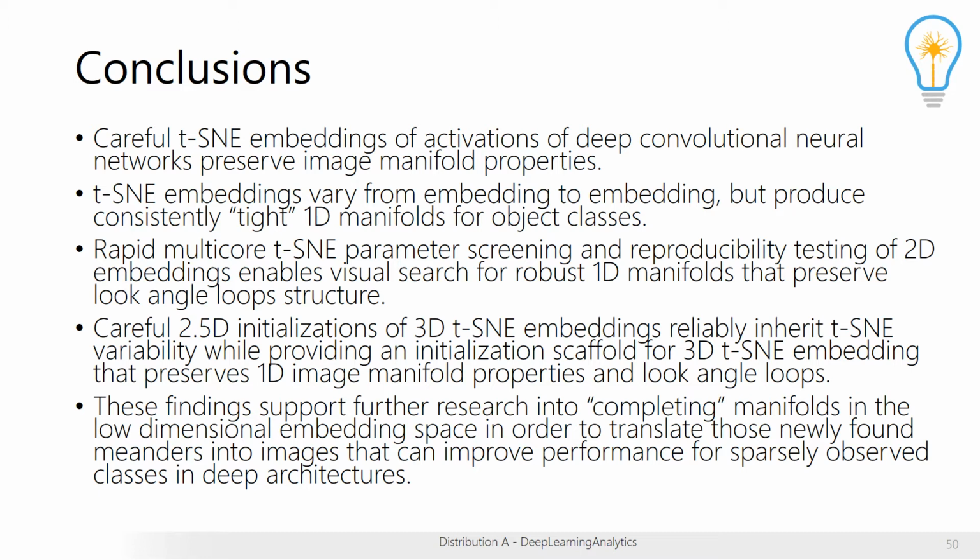Rapid multicore t-SNE parameter screening and reproducibility testing of 2D embeddings enables visual search for robust 1D manifolds with look angle loop structure. Careful 2.5D initializations of 3D t-SNE embeddings reliably inherit t-SNE variability while providing an initialization scaffold for 3D t-SNE embedding that manages to preserve 1D image manifold properties and look angle loops.